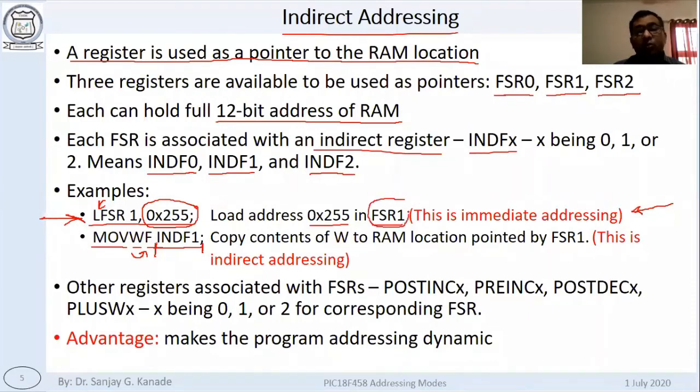This is the full understanding of this INDF-involved instruction. I'm repeating again: it will copy the contents of W to the file register whose address is pointed to by FSR1.